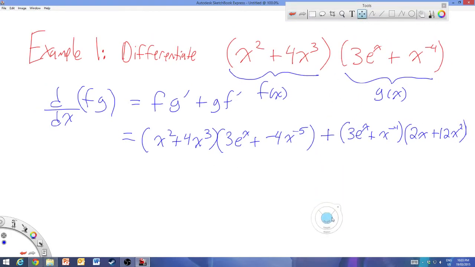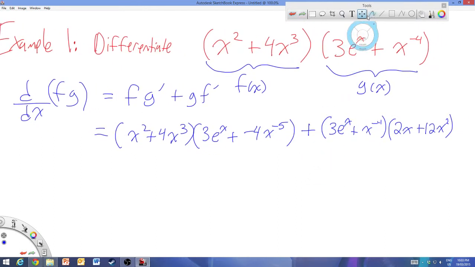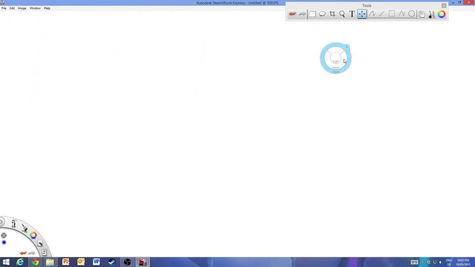We could simplify it if we wanted to, but unless the question asks you to, this is actually perfectly acceptable. But again, simplifying it is just a bunch of algebra after this, so I'm not going to worry about that. The important thing is, can I remember this? Okay. All right, let's differentiate using the quotient rule this time.